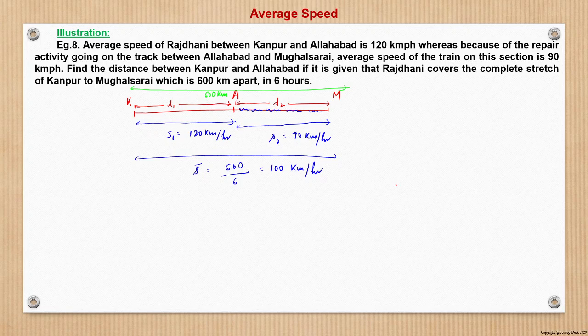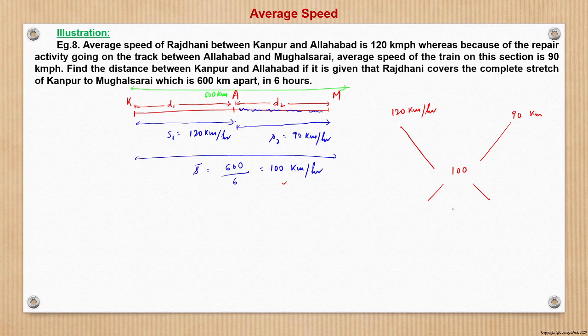So now we will use alligation here. That will be pretty simple. We have been given the average speed, which is 100 km per hour. The first case speed is 120 km per hour. The second case speed is 90 km per hour.